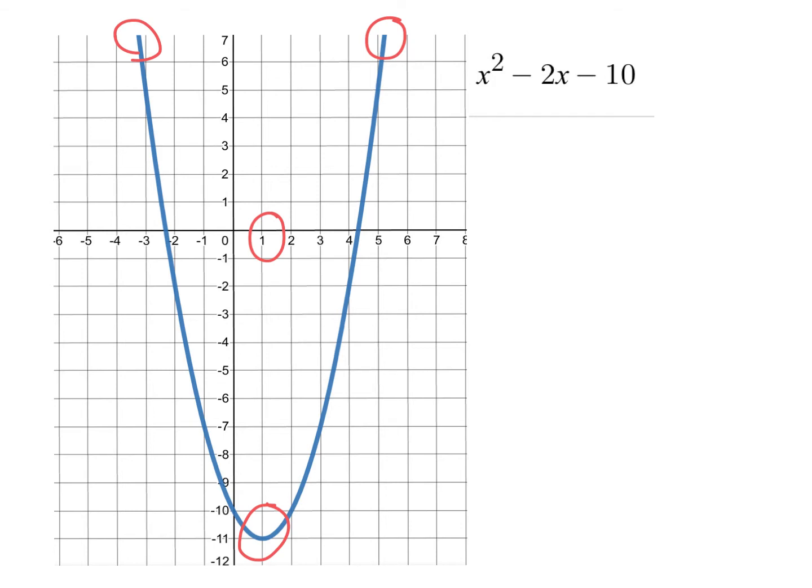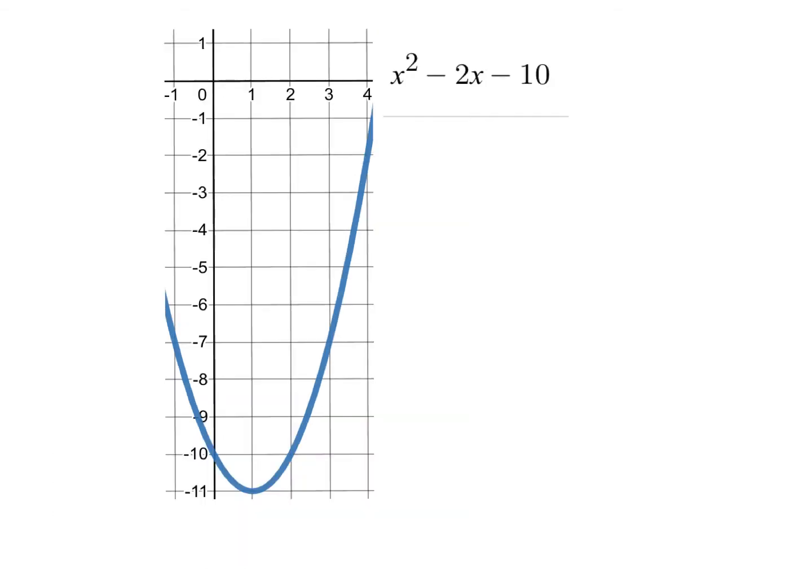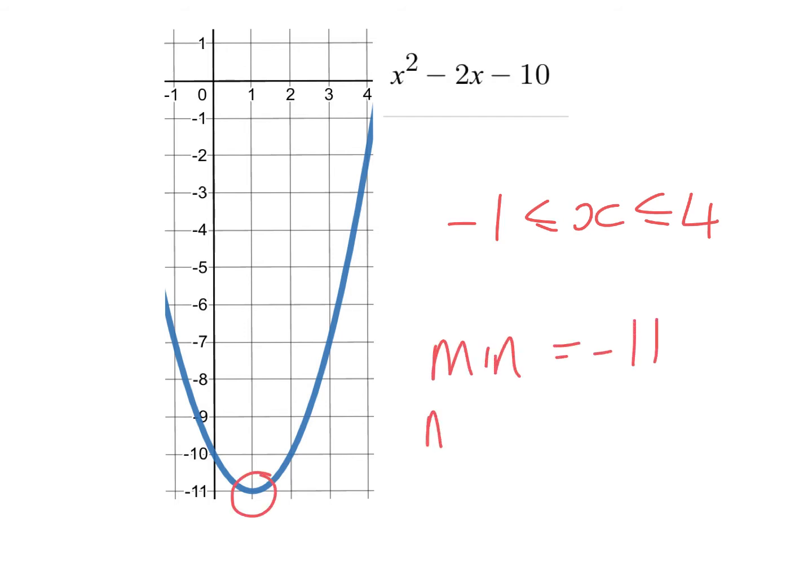So consider this picture here. I have limited this now to be between minus 1 and 4, written as x is between minus 1 and 4. At this point I have a minimum value of minus 11 and a maximum of minus 2, and they occur when x equals 1 and when x equals 4.